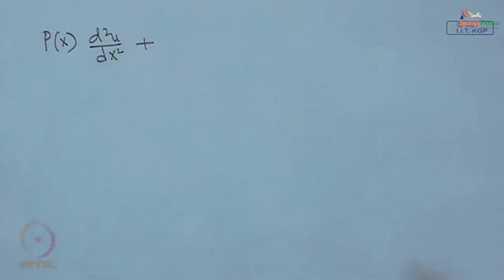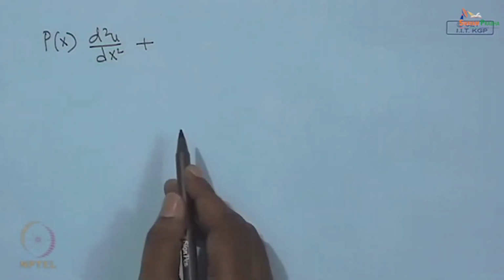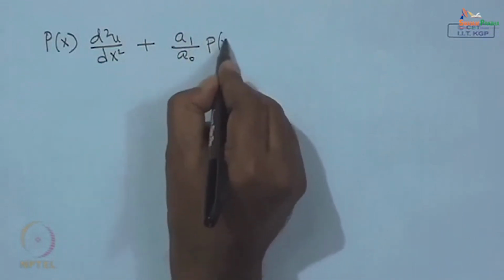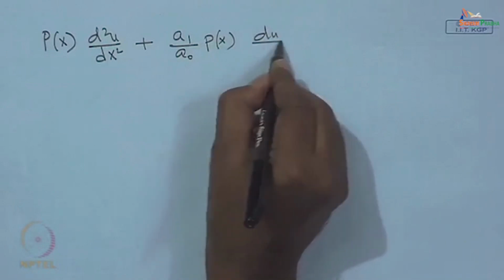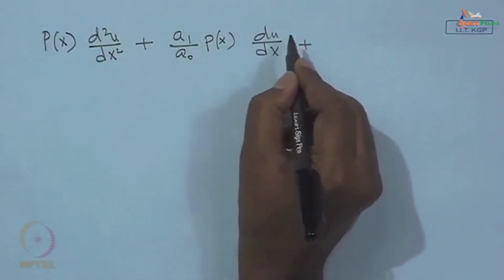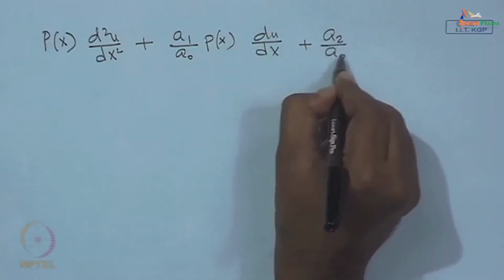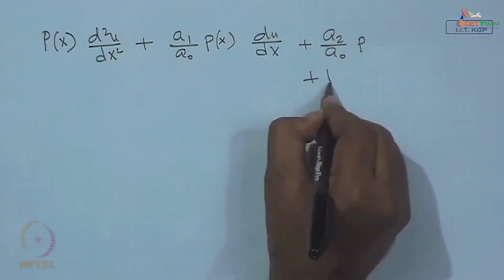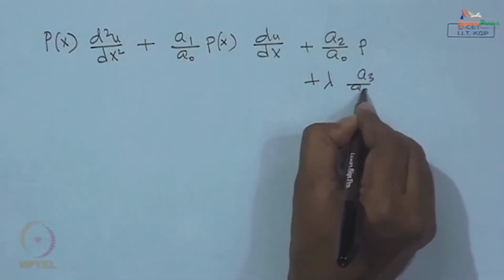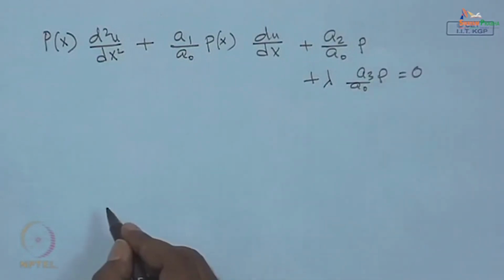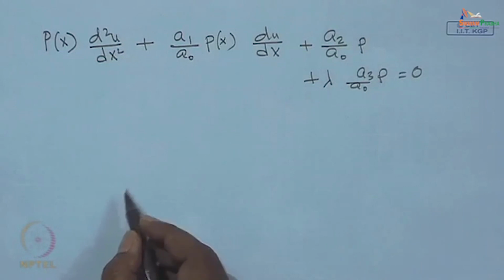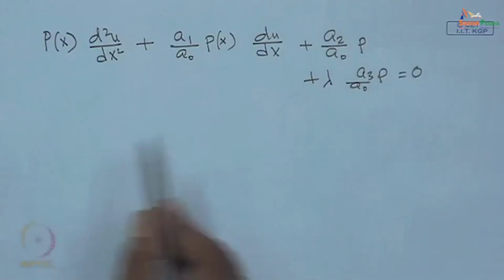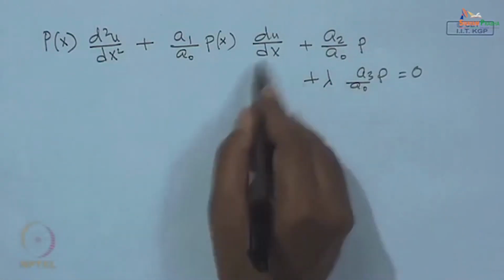We have already found out that dp/dx in the earlier one is a1 over a0 times p of x times du/dx plus q, we have defined as a2 by a0 times p, plus lambda r u, and r we have defined as a3 by a0 times p is equal to 0.